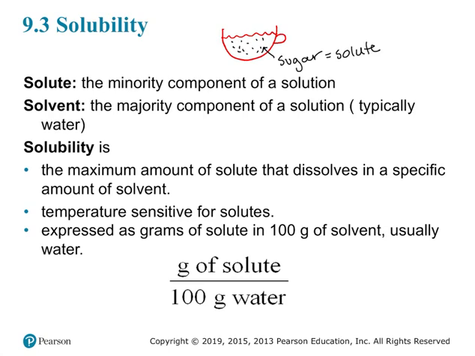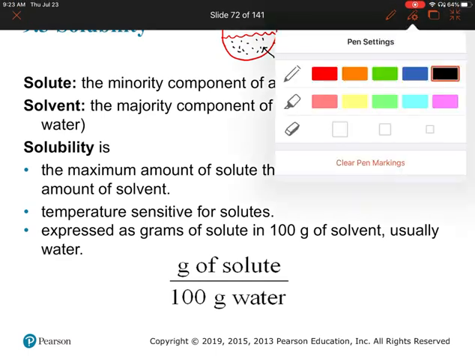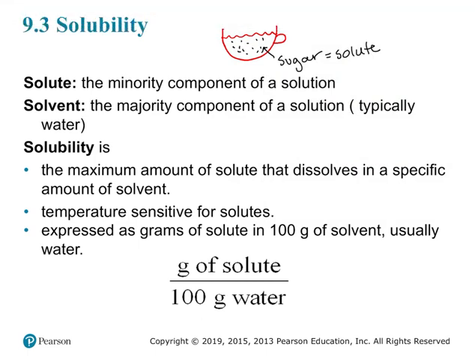It's being dissolved in something, and there's less of it than the rest of the solution, which is the solvent. So the solvent is the water or the tea. Typically we dissolve things in water to dilute them, so water is usually our solvent.